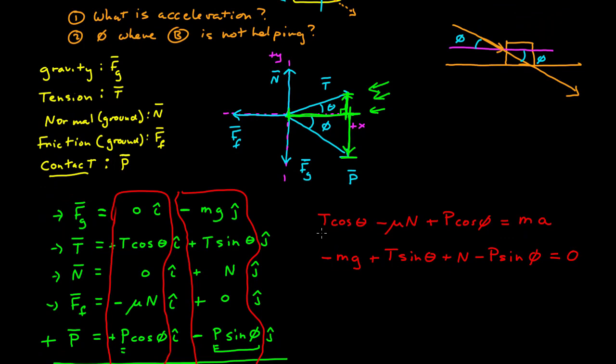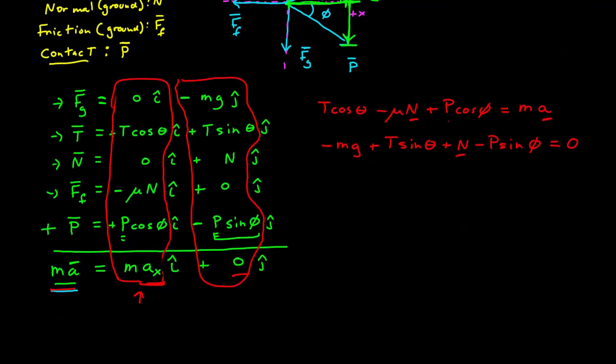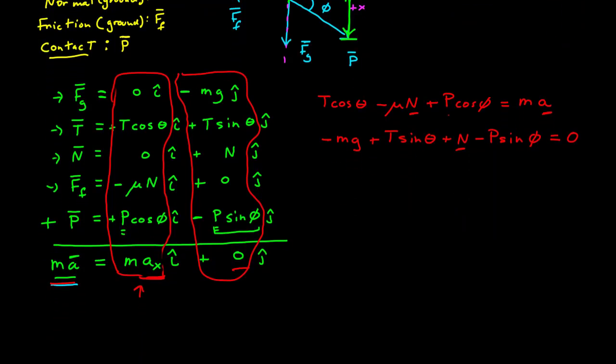So we know our tension and our push force, theta, phi and mu. What we don't know are our normal force and the acceleration. So we have two unknowns, but we have two equations, so we should have enough to be able to solve.